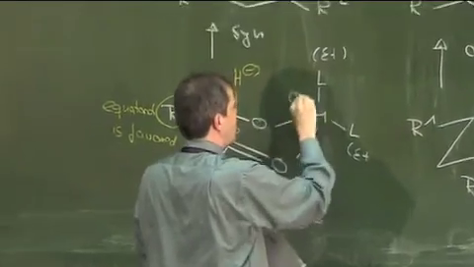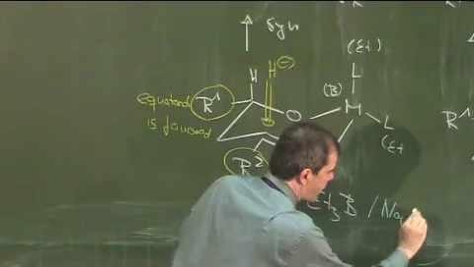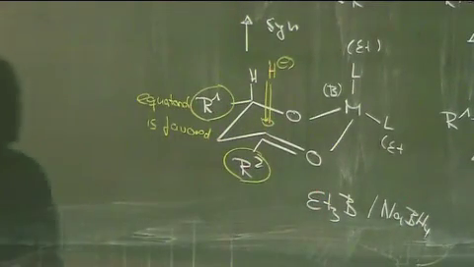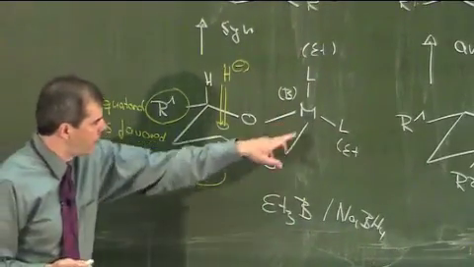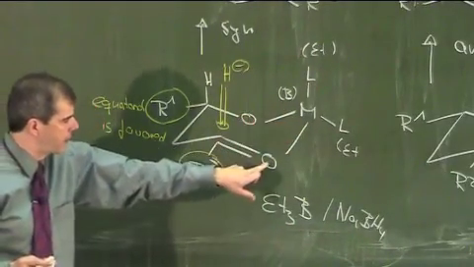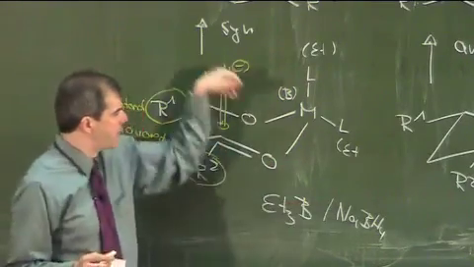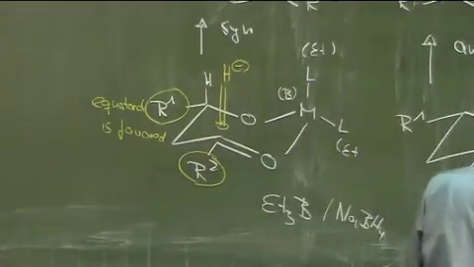So this becomes a borane. And as an external reducing agent, sodium borohydride is employed. And what this simply is doing is the borane is activating by chelation this carbonyl group, and then the hydride will attack as is shown here.